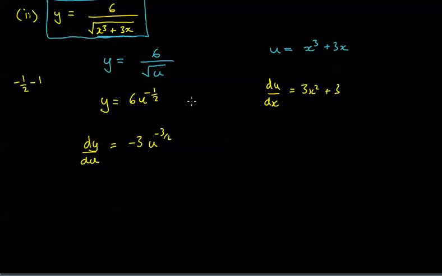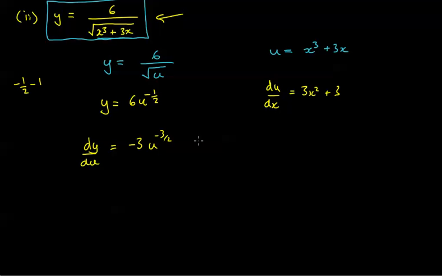Now to find the derivative of this, all I need to do is multiply these two functions. So dy by dx equals this one, and it actually doesn't matter which order you multiply them in.